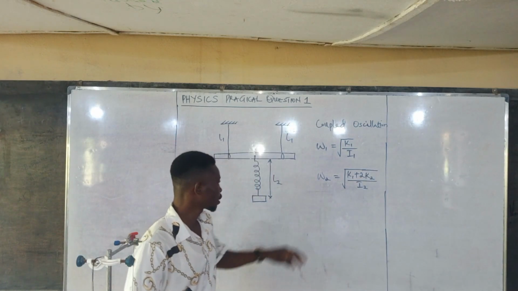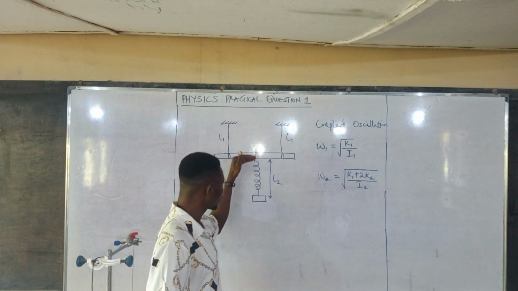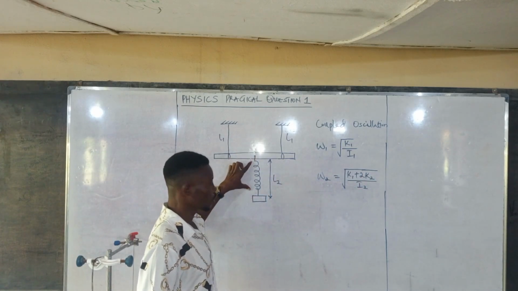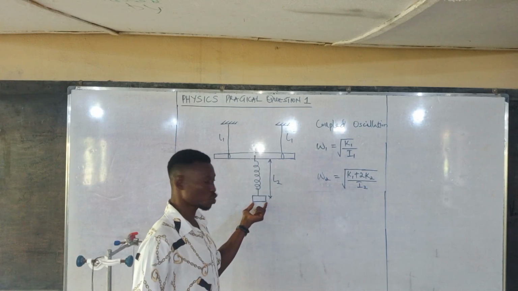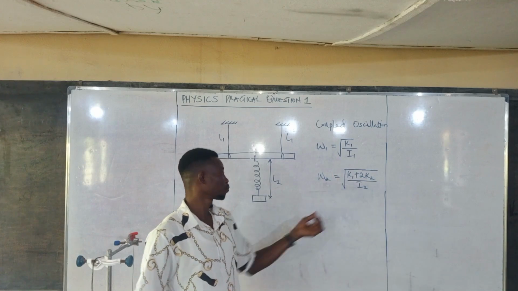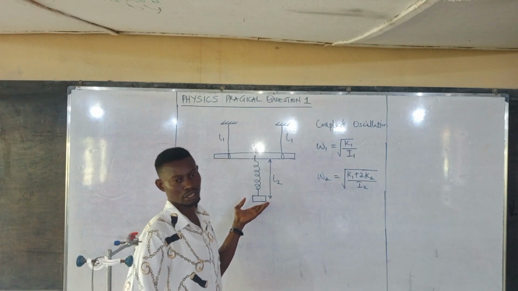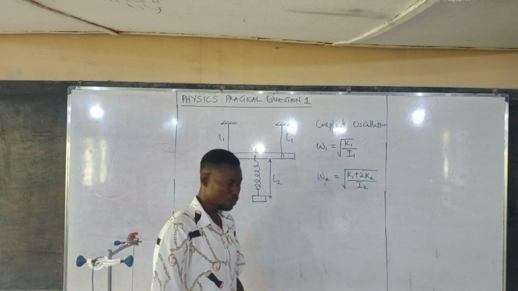Now, in this case, k2 is the coupling effect of the spring. I2 is the moment of inertia of the suspended 100-gram mass. And you know that you can actually determine the moment of inertia of any regular object, even if the object is not regular. There is a way to determine this.